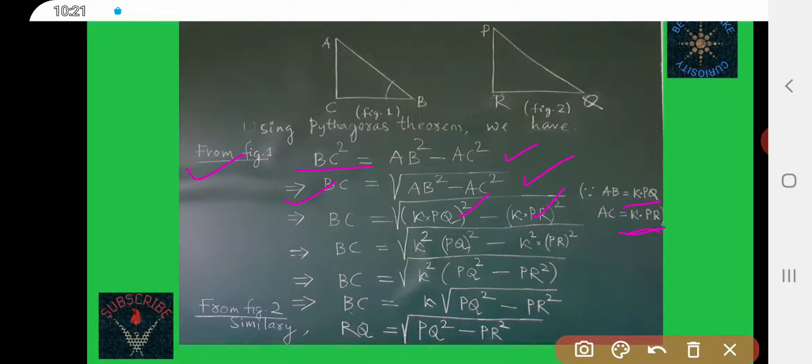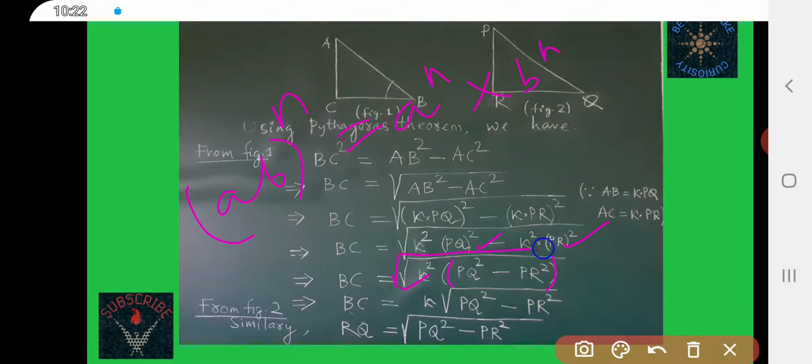Then you know (ab) to the power n is equal to a to the power n into b to the power n. So you can write here square root of k square PQ square minus k square PR square, and then you take k square as common, then you get square root of k square bracket PQ square minus PR square bracket end.